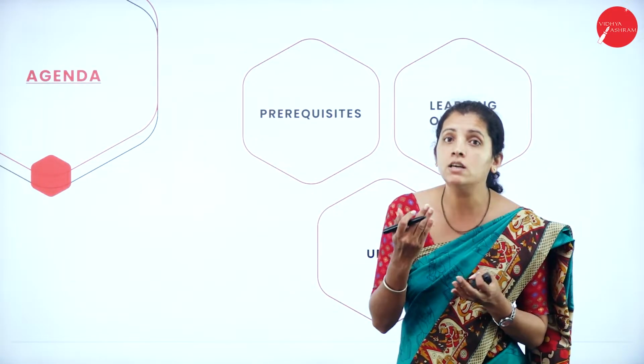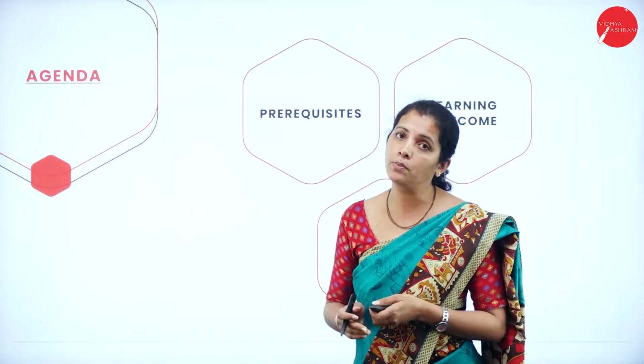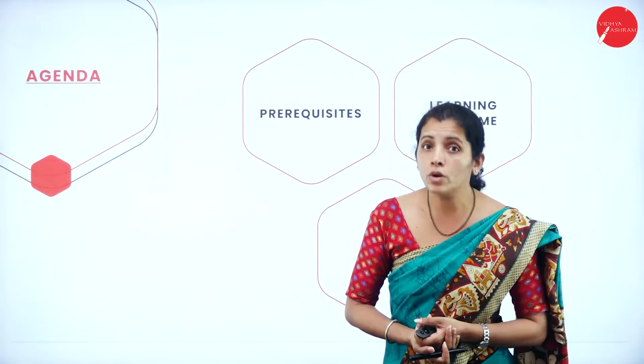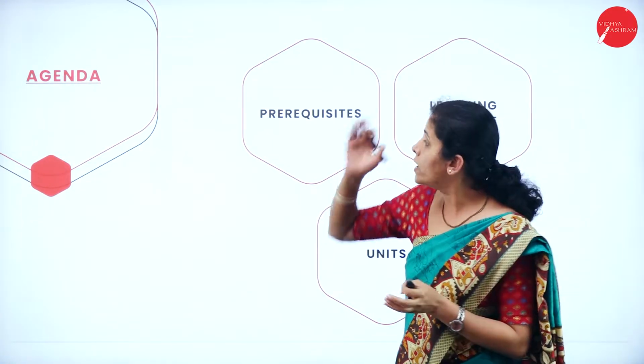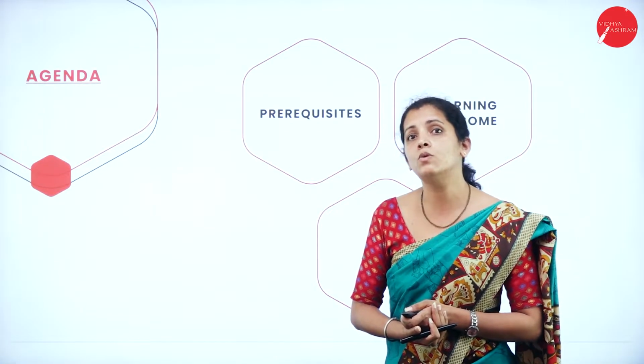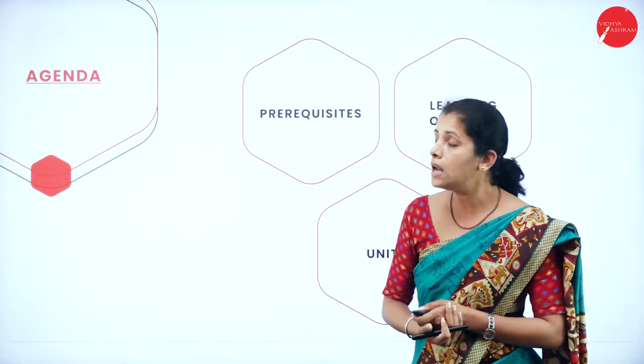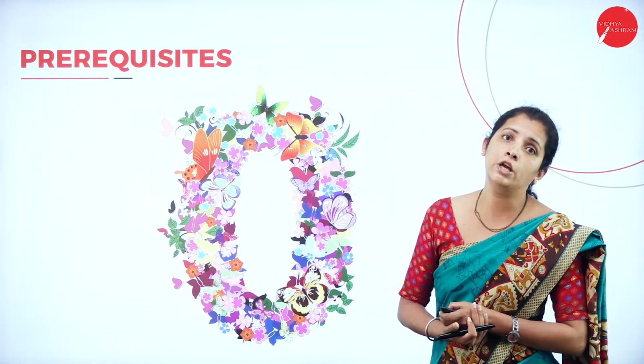So to get the work done by the computer system, I require a programming language. This is one of the languages most commonly and most frequently used by users. Now let's see the prerequisites.